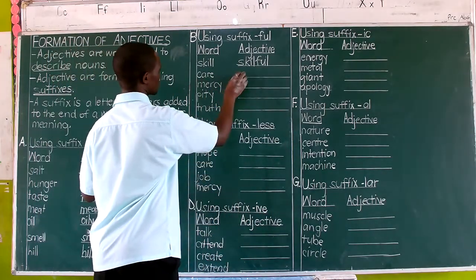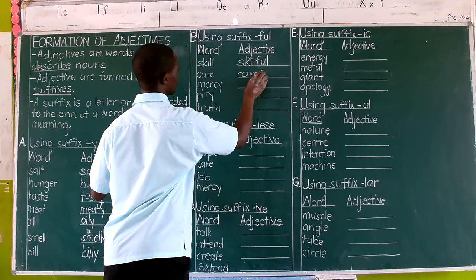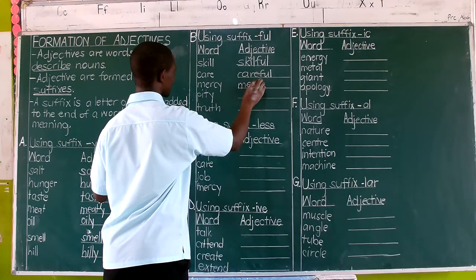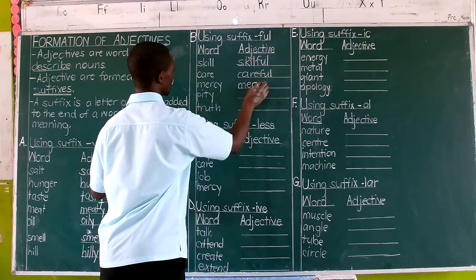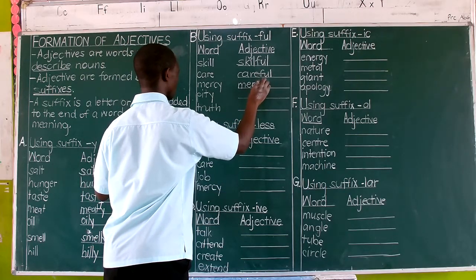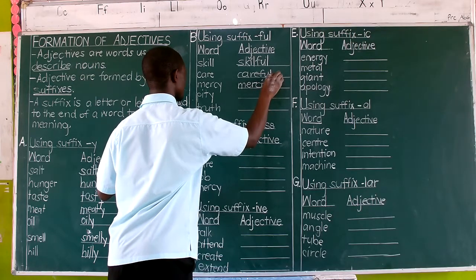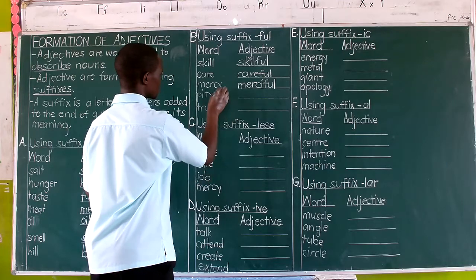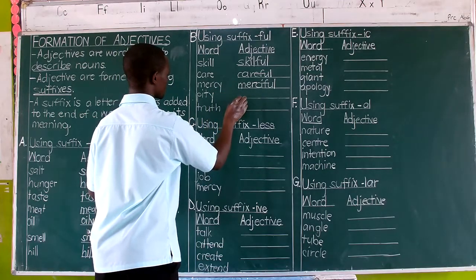So we have care, which changes to careful, suffix F-U-L. Mercy, M-E-R. There is a spelling change after C. Change Y to I before you add the suffix F-U-L. Merciful. Next is pity. See what we have done. We are going to do the same trick.